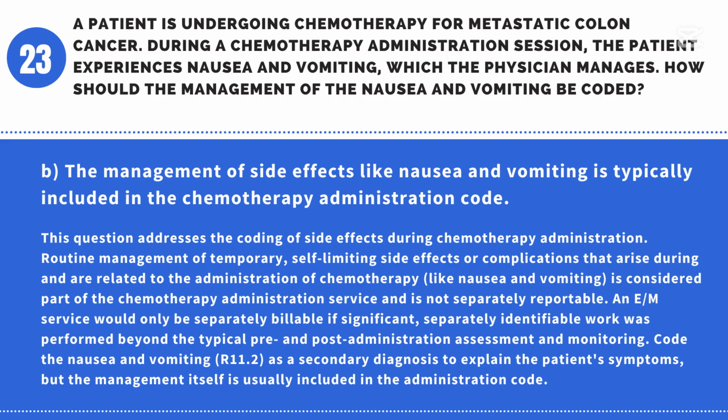An E/M service would only be separately billable if significant, separately identifiable work was performed beyond the typical pre- and post-administration assessment and monitoring. Code the nausea and vomiting, R11.2, as a secondary diagnosis to explain the patient's symptoms, but the management itself is usually included in the administration code.